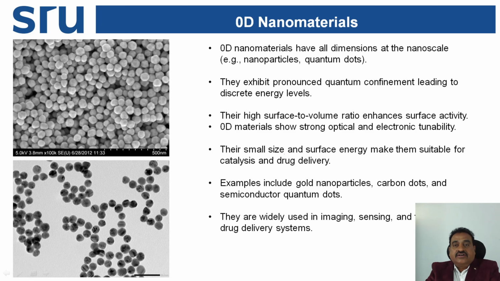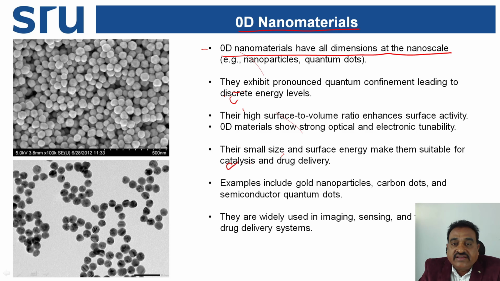Zero dimensional nanomaterials have all dimensions at the nanoscale. Examples you can clearly see are nanoparticles and quantum dots. The zero dimensional nanoparticles exhibit pronounced quantum confinement, leading to discrete energy levels.